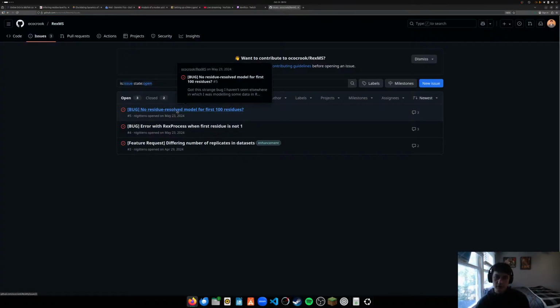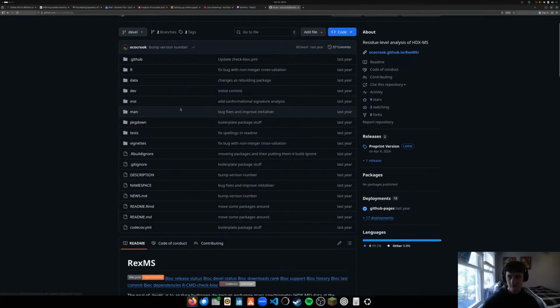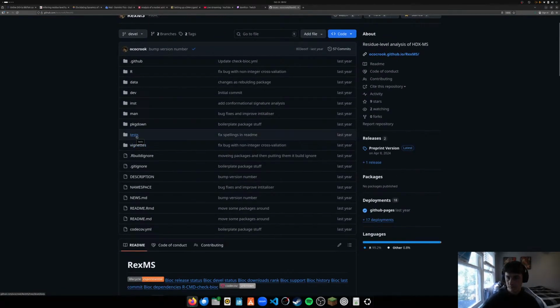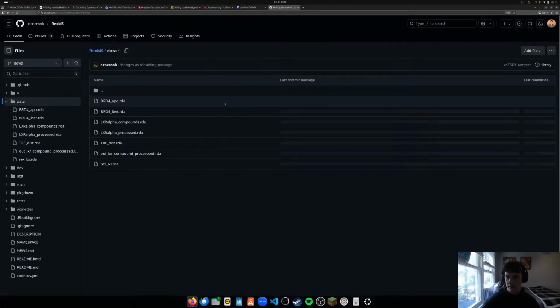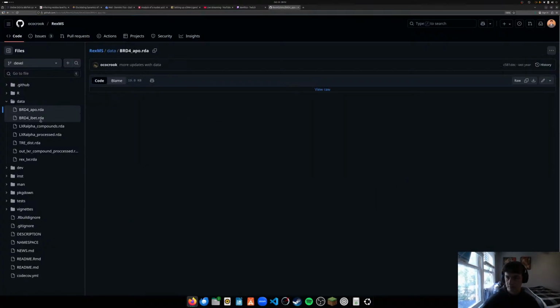No residue resolved model for first 100 residues. Error with RX process. One first residue is not one. Oh, I know this one. Differing number of replicates in data sets. Yeah. Would it be data? What's that? Raw data, I guess.